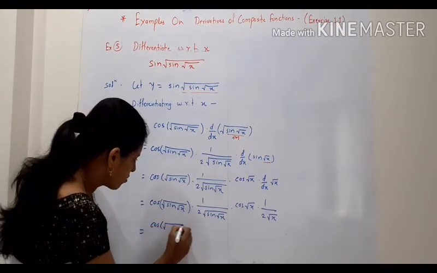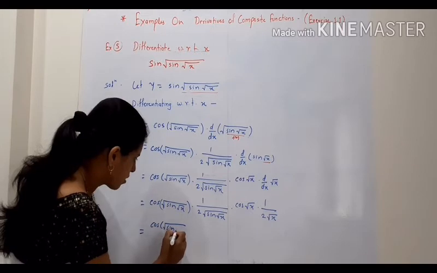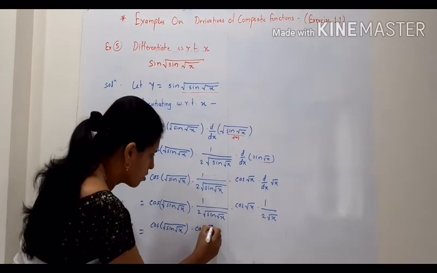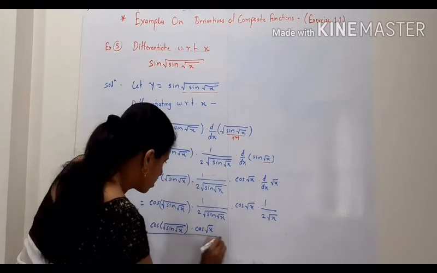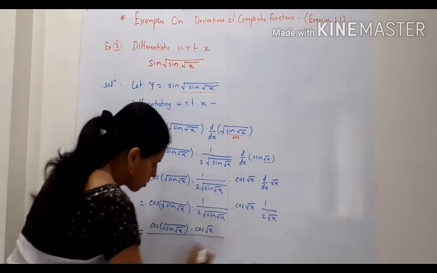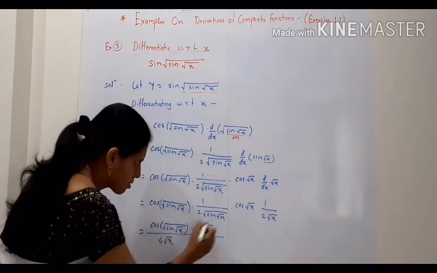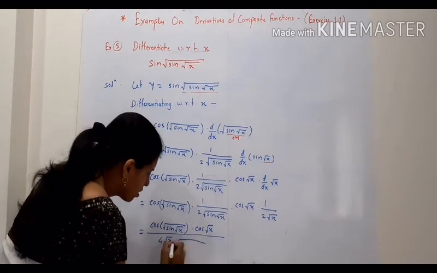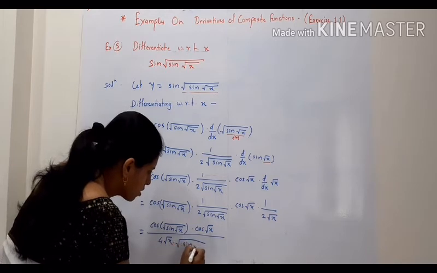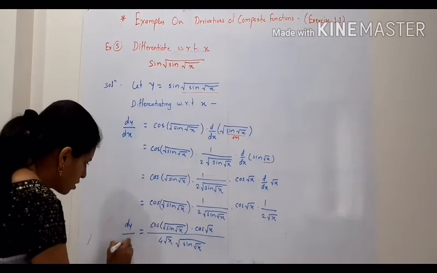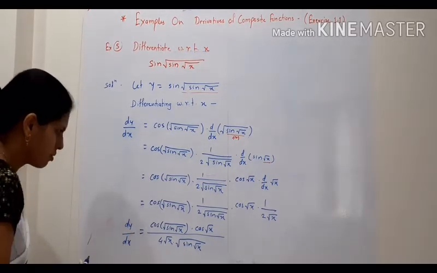The cos of root of sin root x into cos root x, divided by 2 into 2 root x into root of sin root x. Final solution.